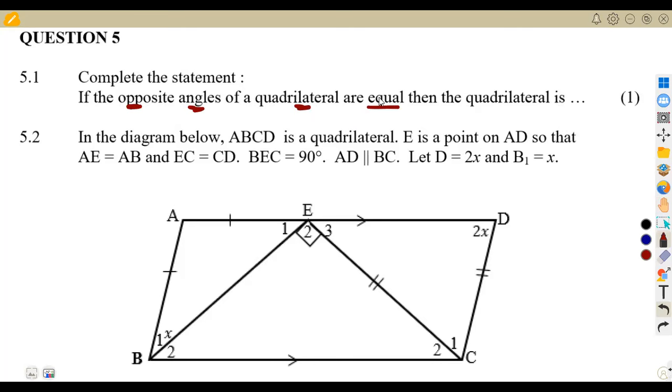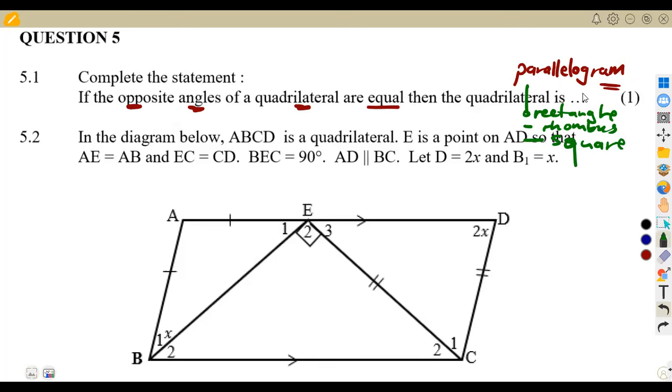But for the fact that the opposite angles are equal, this can happen on many quadrilaterals. But of these quadrilaterals that we talk about, the mother name of this is going to be a parallelogram. Remember, a parallelogram has properties which are applied on a rectangle, on a rhombus, and on a square.